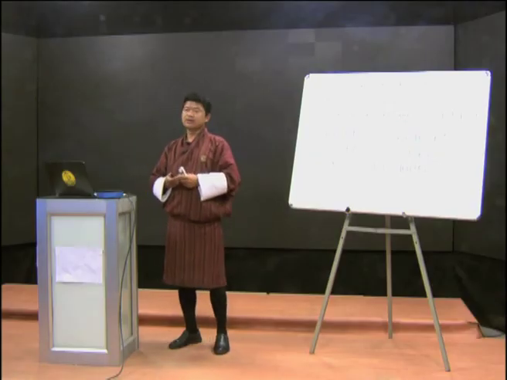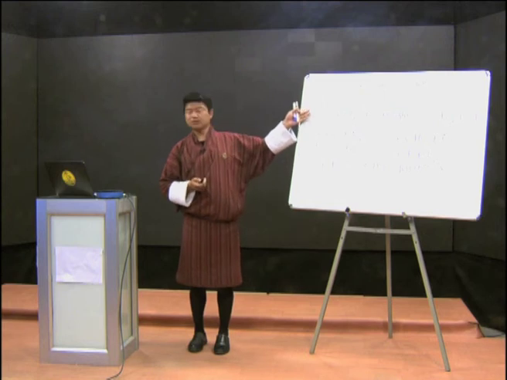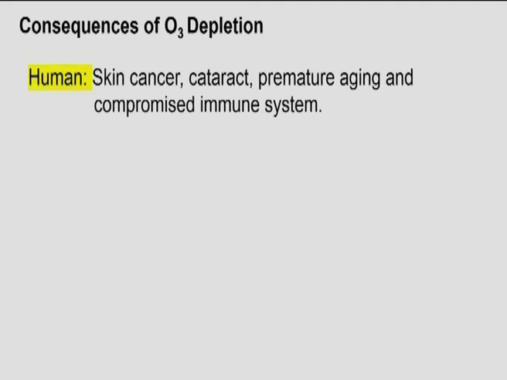Now, what are the consequences of ozone depletion? We have learned about ozone depletion. So, there are many detrimental or negative consequences of ozone depletion. The first one, to us human beings, you have learned about skin cancer, cataract, premature aging and compromised immune system.